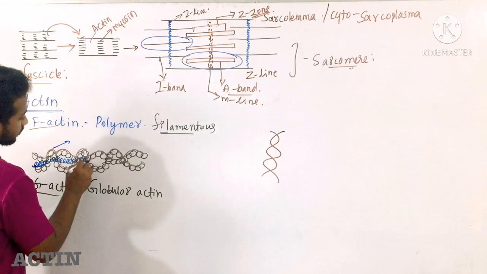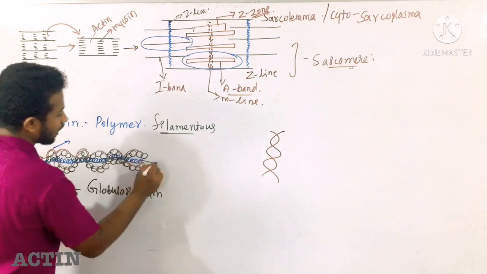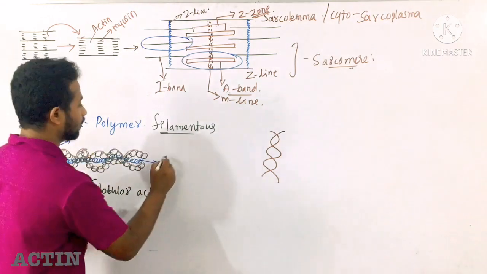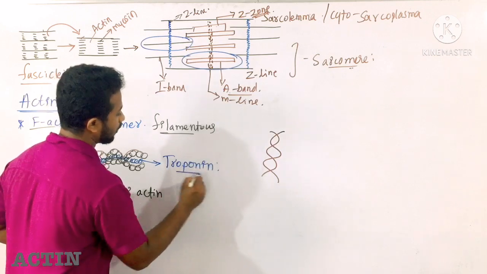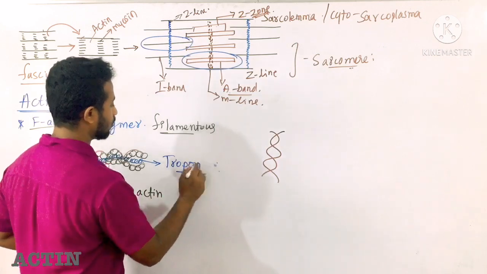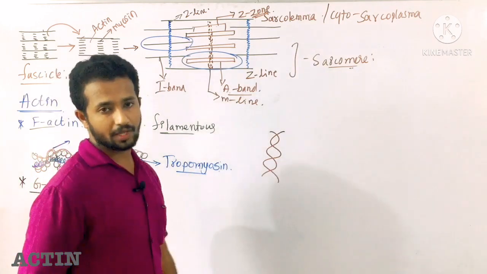The protein which is present all over the length of this F actin is called, take down, tropomyosin. It is not troponin, it is tropomyosin.